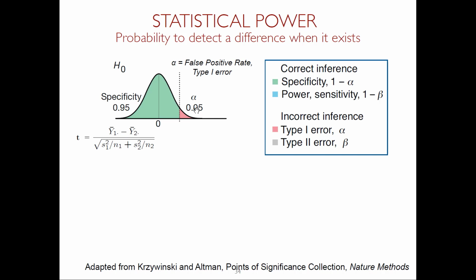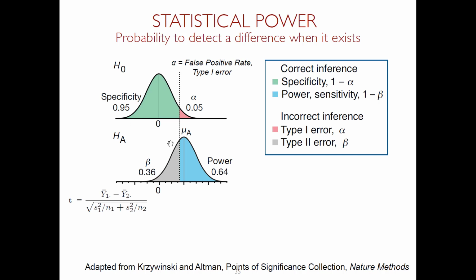However, if the protein is, in fact, regulated, and if, in fact, there is a difference between the groups, this plausible range of values of the signal to noise will look differently, and it will be shifted away from 0, right? So let's say group 1 has systematically larger protein abundances than group 2, so the signal to noise will tend to be larger than 0.